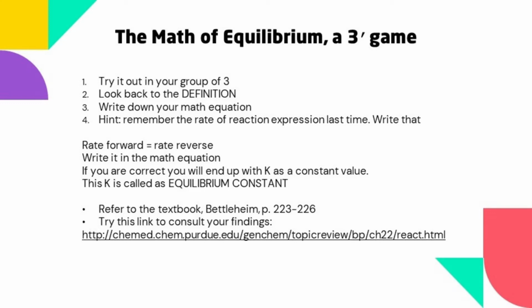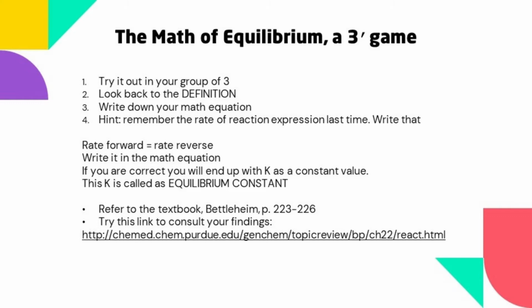Remember, you have the general formula of reaction rate from the previous chapter. So the hint is remembering the rate of reaction expression from last time. Write that the rate of the forward reaction equals the rate of the reverse reaction. Write that as a math formula, an equation. If you are correct, then you will end up with K as a constant value.